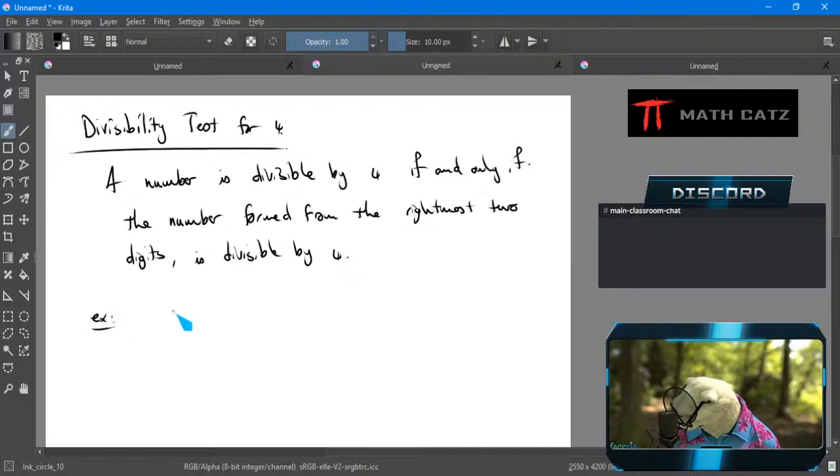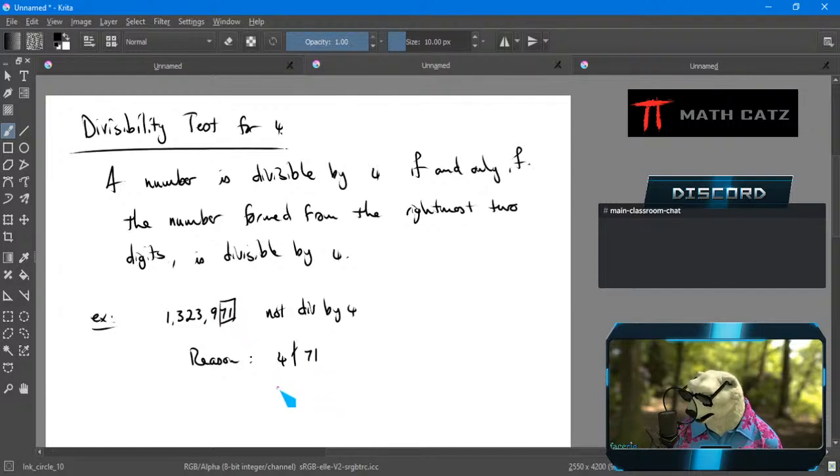So for example, I could have a super large number here, 1,323,971. I immediately know that's not divisible by 4, and my reason, you have to give a reason, is because 4 does not divide into the number that I get from the last 2 digits.